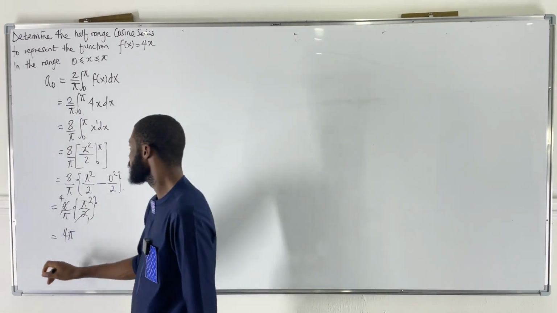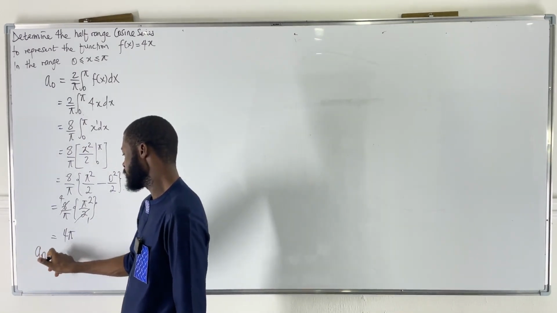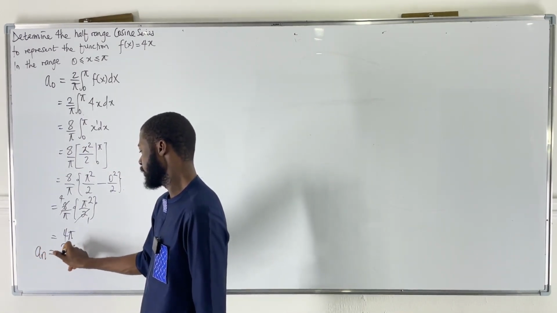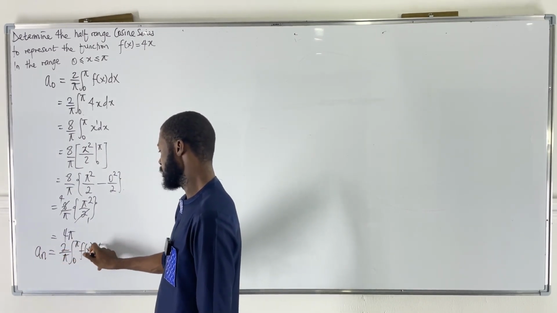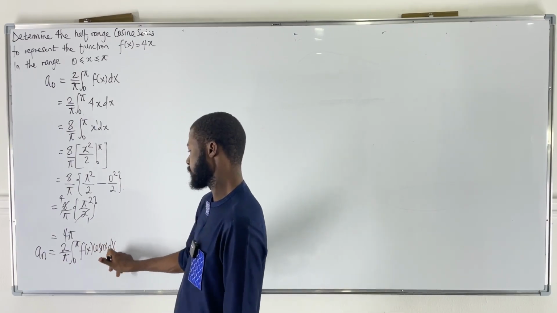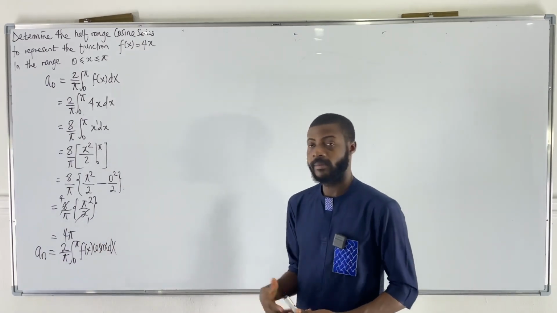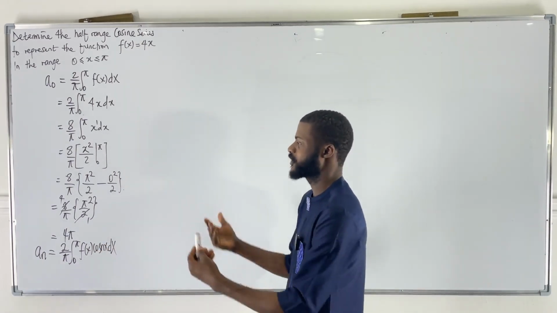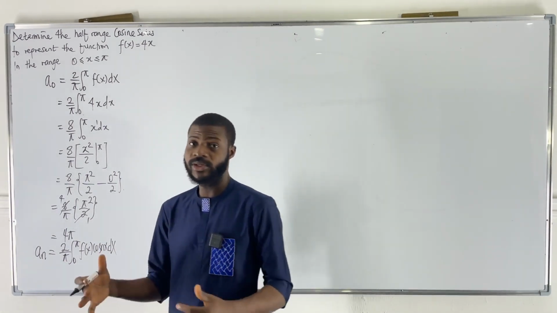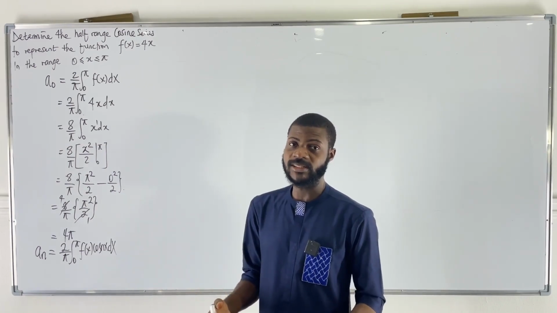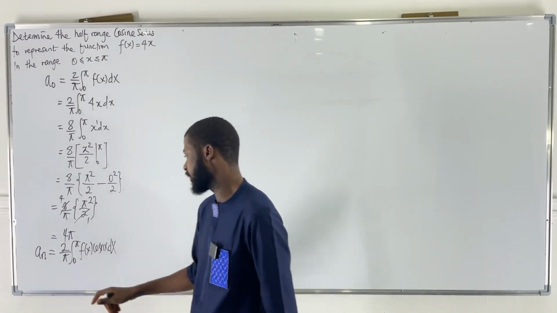Next, a sub n. A sub n is 2 over pi, integral from 0 to pi, f of x cos nx dx. That's what my a sub n will be, because I'm treating the function as an even function. So that's what the formula would be. Remember to watch the necessary videos in the playlist to enable you to understand every single thing.